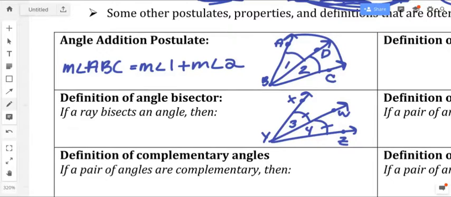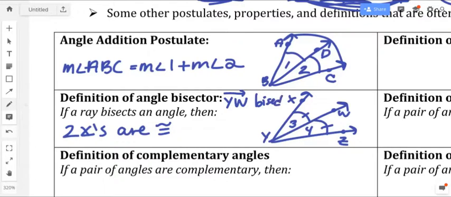So to fill in on this left side, if a ray bisects an angle, then two angles are congruent. If we want, we can add in over here, like specifically for this picture, ray YW bisects angle XYZ.